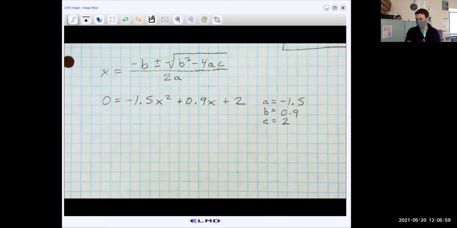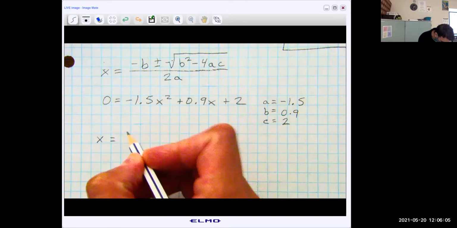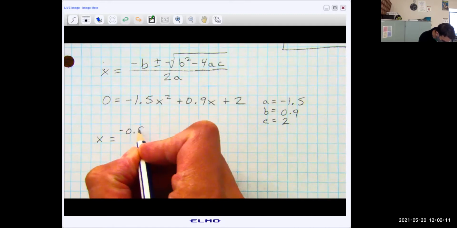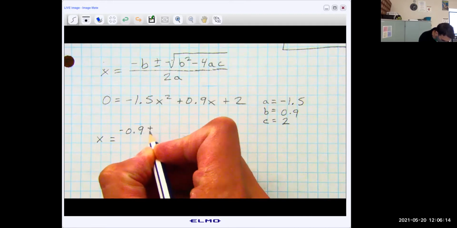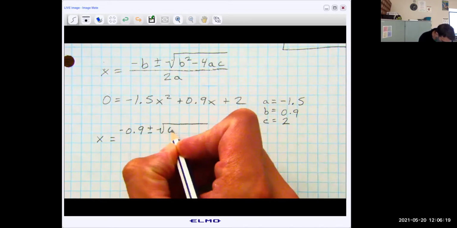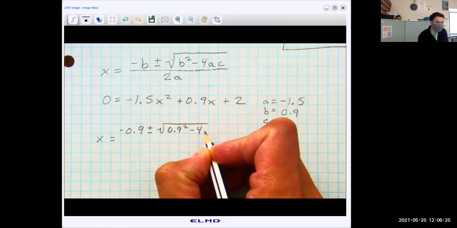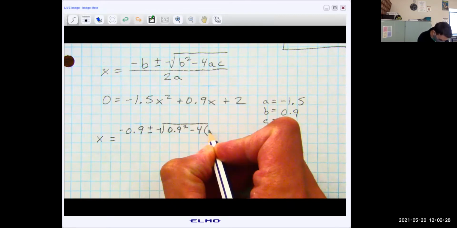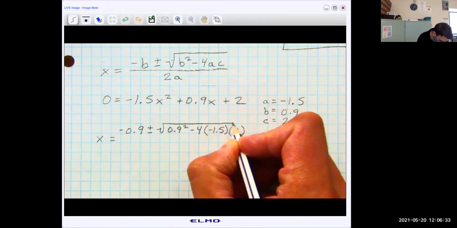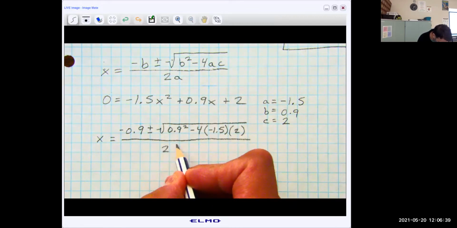So it's going to have x equals, and there's a negative in front of the b, so it's negative 0.9 plus or minus the square root of 0.9 squared minus 4, and then the a and the c I put in parentheses. Negative 1.5 and a 2. Now don't forget, there's a fraction here. It's all divided by 2 times negative 1.5.